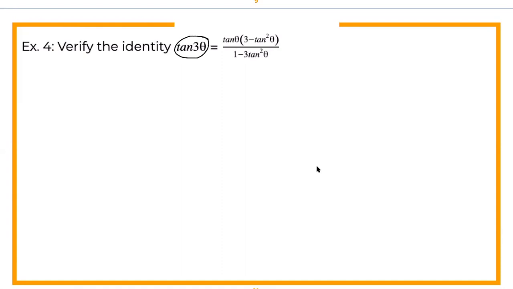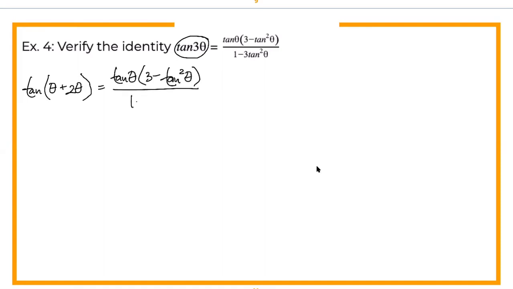I can say that 3 theta is 1 theta plus 2 thetas. So I'm going to take this left-hand side and I'm going to break it up into theta plus 2 theta. And then I want to write the other side, so I'm always thinking like, what am I trying to achieve? And now as soon as I have tangent of theta plus 2 theta, which identity should we be thinking about?